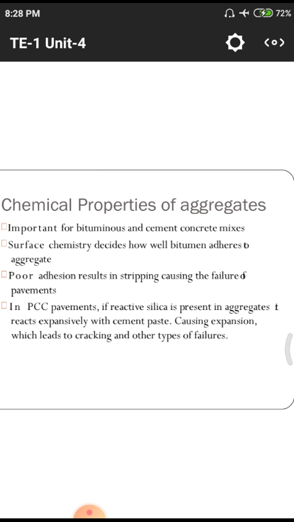Expansion normally means increment of its area. Why? Because some of the chemicals have an expansive nature. Due to that expansive nature, if we keep one centimeter square of area, it will become 1.1 or 1.2 centimeter square due to those chemical properties.